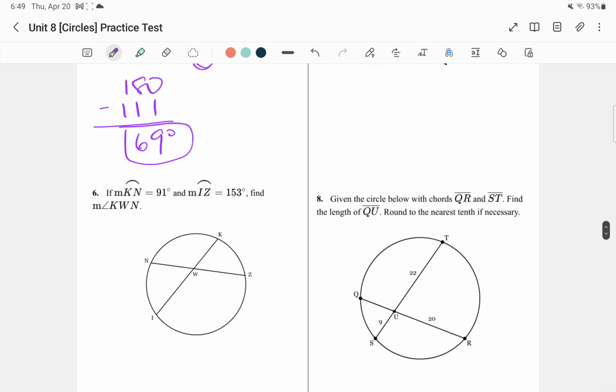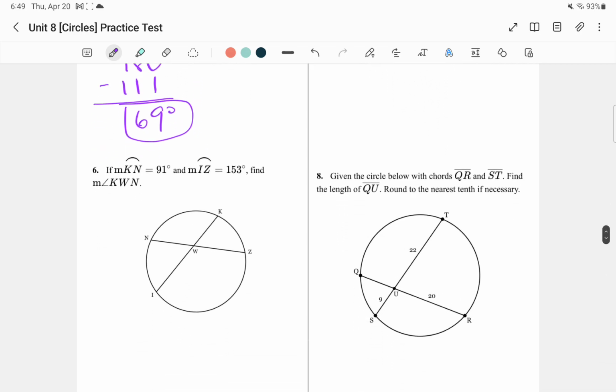Number 6, the measure of arc KN is 91. So let's label this 91. IZ is 153. And we're trying to find KWN, which is this angle right here. So because they're intersecting inside, my formula here is going to be half the sum. Meaning I'm going to add those two.